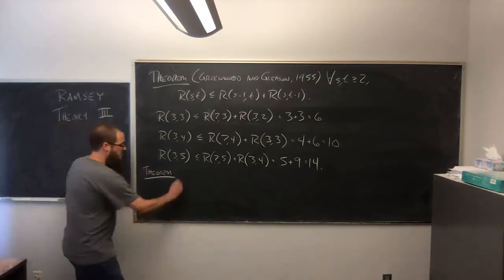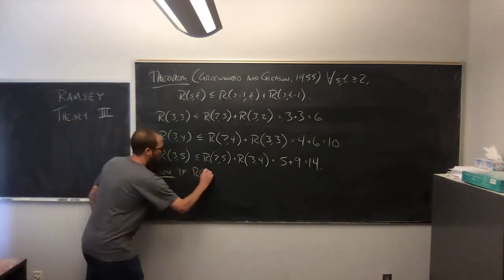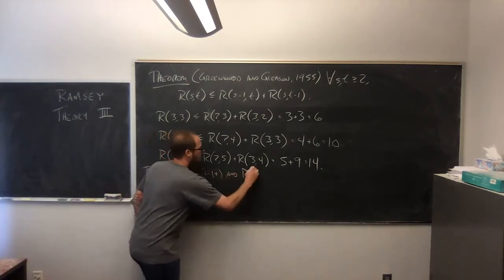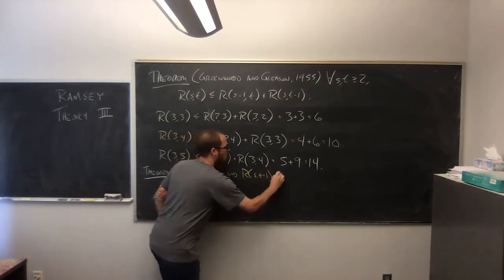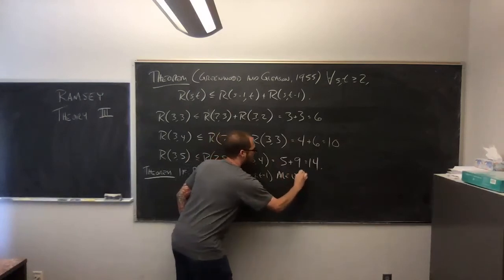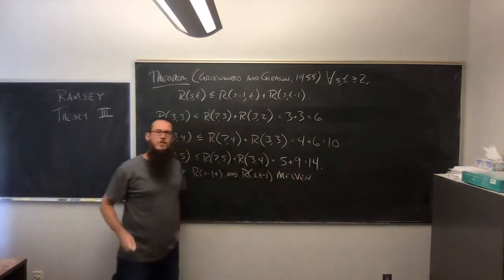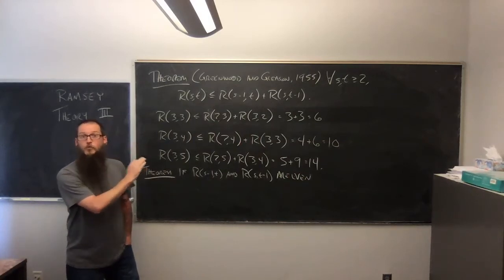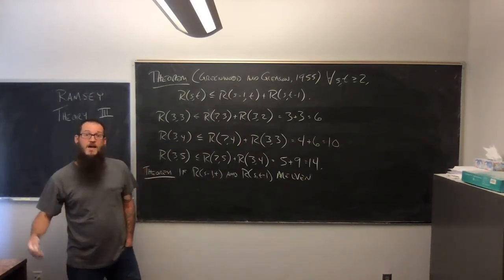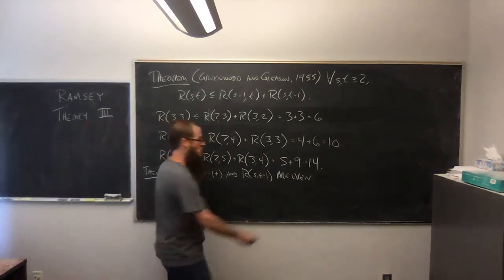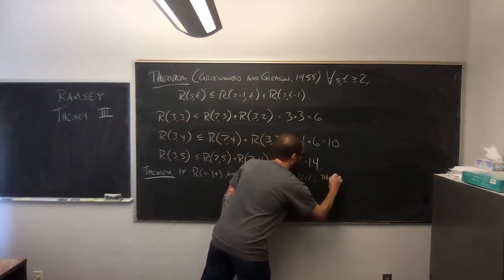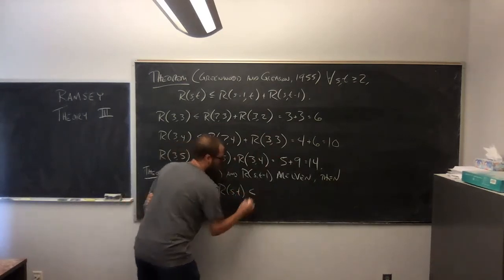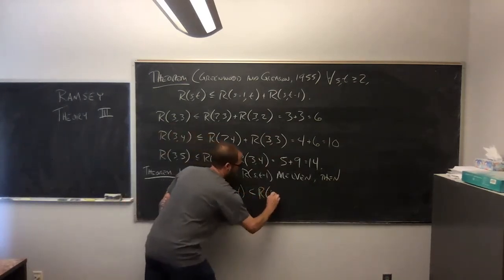What it states is if R of S minus 1, T and R of S, T minus 1 are both even, this is actually a strict inequality. You can prove a slightly stronger statement that they're never equal to each other. So R of S, T is strictly less than the sum of these two.